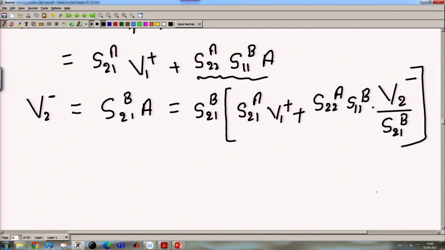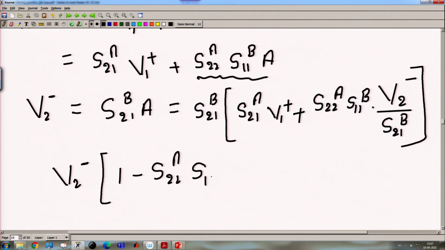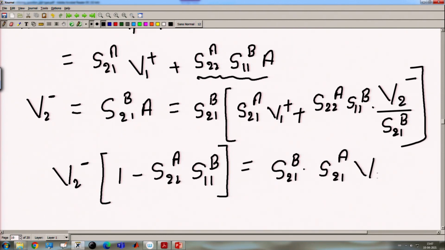After this, we can take the common V2 minus, and this S21 B S21 will cancel out, and this will come V2 minus 1 minus S22 A S11 B equal to S21 B into S21 A into V1 plus.